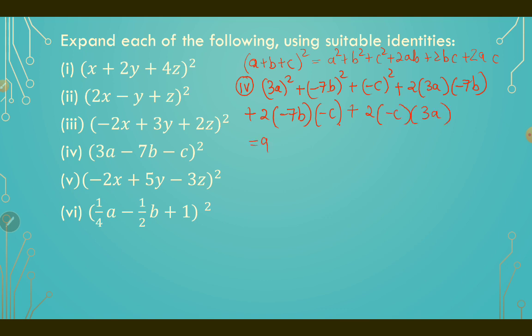That's nothing but 9a square plus 49b square plus c square minus 42ab plus 14bc minus 6ac.